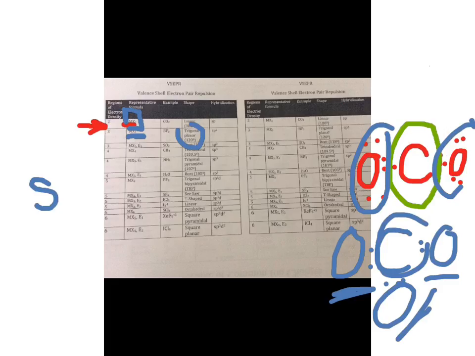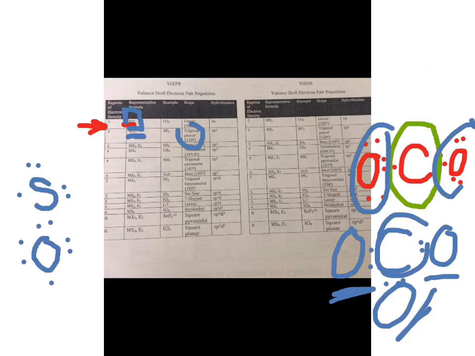So let's look. S is 6, so you have 1, 2, 3, 4, 5, 6. Then you have your O's, which attach here, which has 6. So 1, 2, 3, 4, 5, 6.